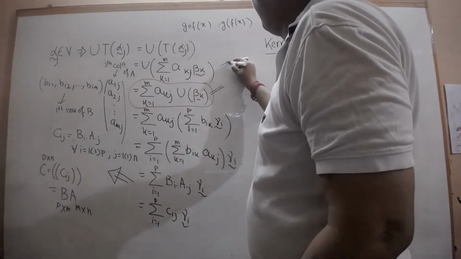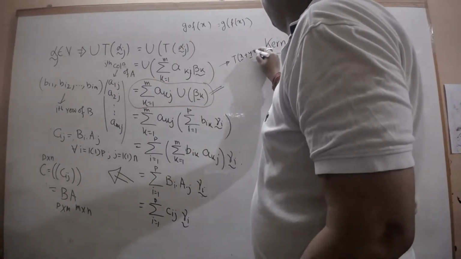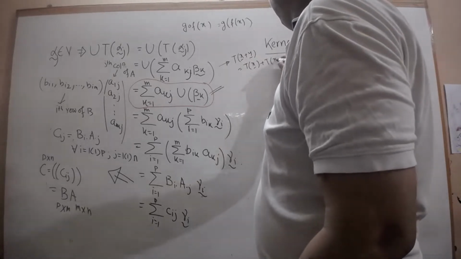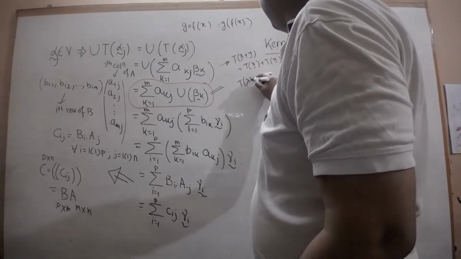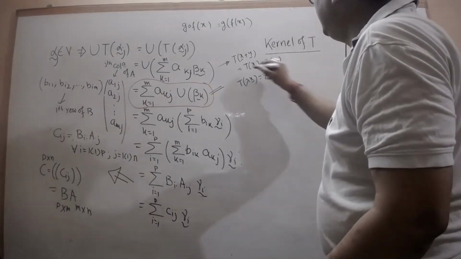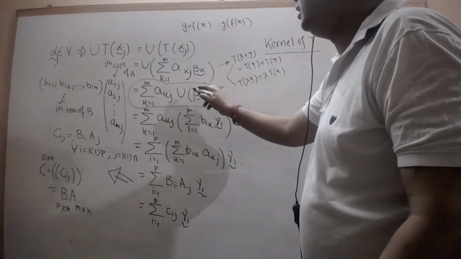You know the two properties: T of x plus y equals T of x plus T of y, and the scalar property. These come from the definition of a linear transformation. So using these two properties simultaneously, you can get this. This is the scalar thing.